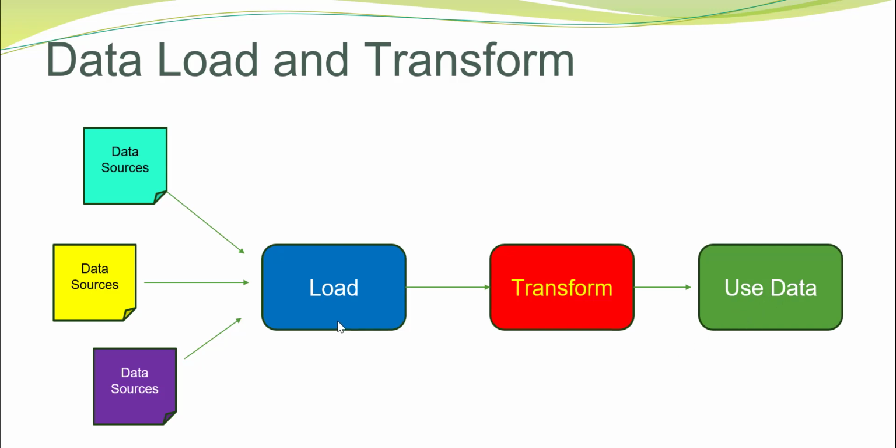So data loading will go through the connector, and transform means you need to do data transformation, cleaning, combining columns, changing data types, splitting data columns, or calculating new columns. We call this type of action transform. After you finish transformation, you can use the data to build reports.